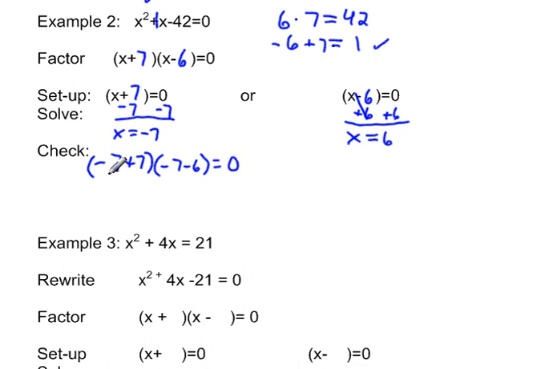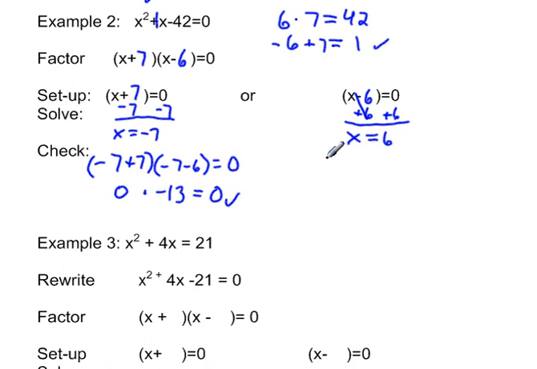Here I've got -7 plus 7 is 0. 0 times -7 minus 6 is -13. And 0 times -13 equals 0. So this side checks out.